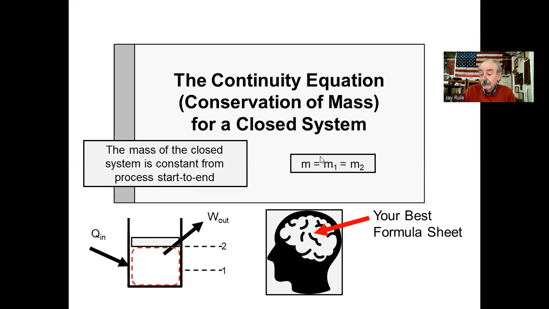And so a way to state the continuity equation is m equals m1, the initial mass, and that equals m2, the final mass. And I've shown this little cartoon as well for you. Your brain is the best formula sheet. It's a lot better than plopping down this kind of very simple formula on a sheet, m equals m1 equals m2. You've probably got this in your head.